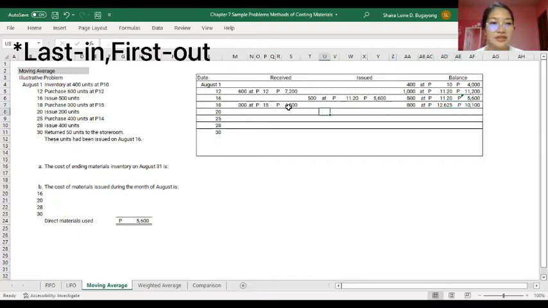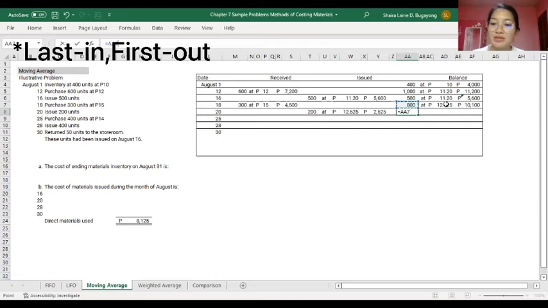On August 20, so nag-issue ta og 200 ka units at so kanina dayong new unit cost atong gamiton 12.625. So total ana would be 200 multiplied by 12.625. So that is 2,525.